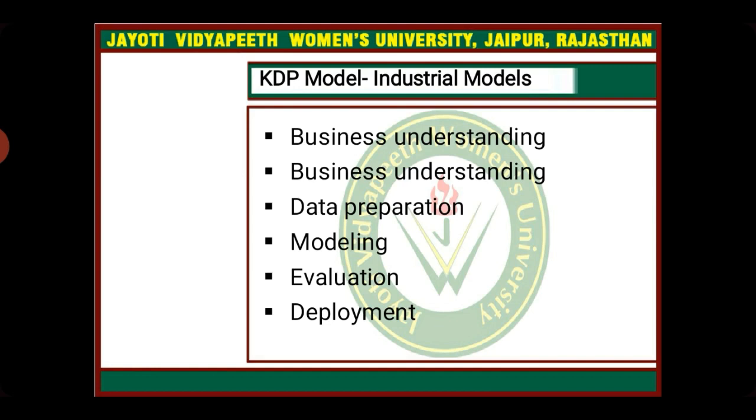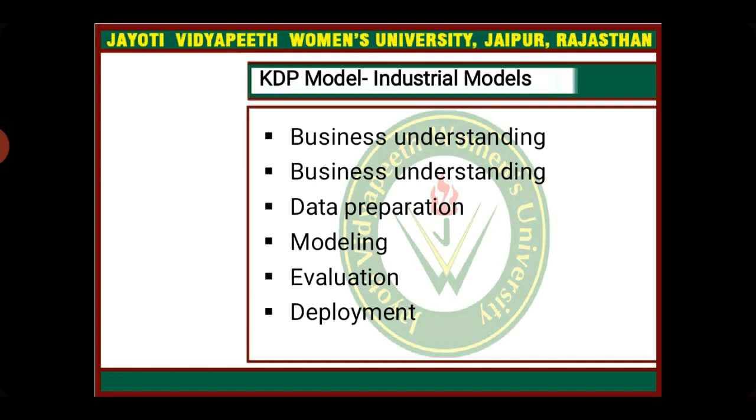The CRISP-DM KDP model, which is shown in figure 1, consists of 6 steps which are summarized below. The first is business understanding. In this step, the focus is on understanding the objectives and requirements from a business perspective.